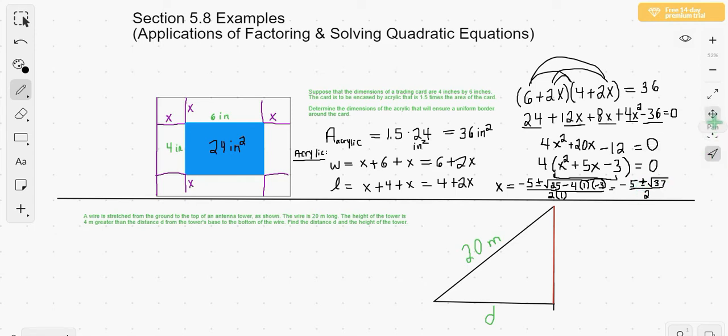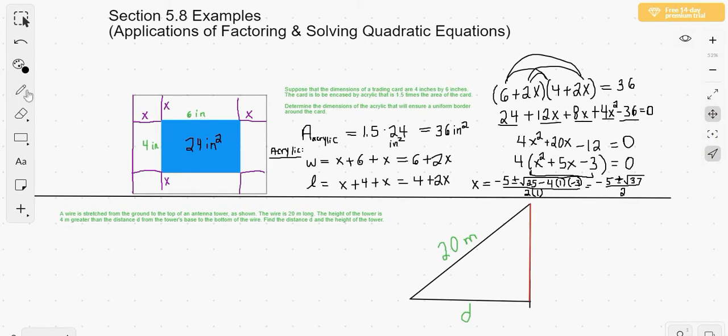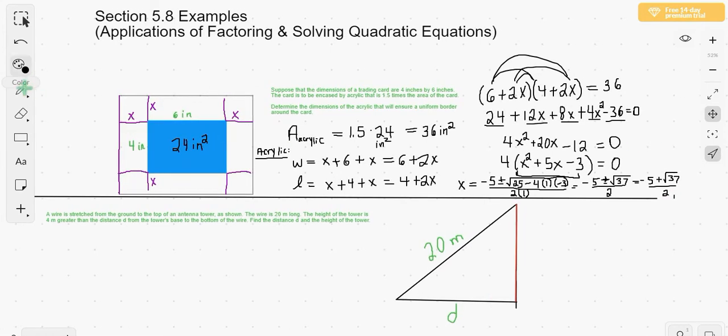So we get negative 5 plus the square root of 37, over 2 only. I'll write it, but we're going to cross this off in a second. We throw out minus 5 minus root 37 over 2. This one doesn't count because it's negative. So this is our solution right here.